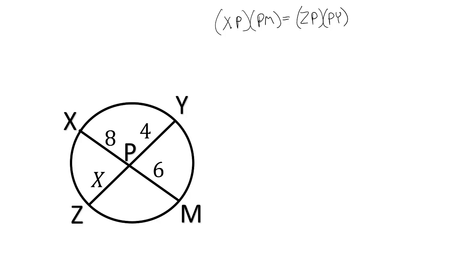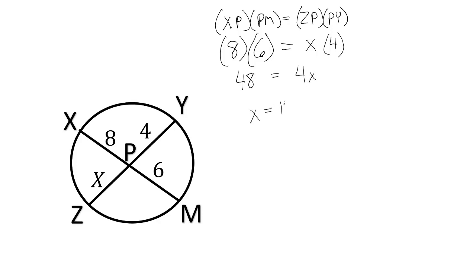In the book, they might not use the same letters, and you might have to really sketch it out. But XP is 8, and PM is 6. ZP is x, and PY is 4. So 8 times 6 is 48 equals 4x. Divide both sides by 4, and x will equal 12. That's pretty simple, wasn't it? Let's keep moving forward, okay?